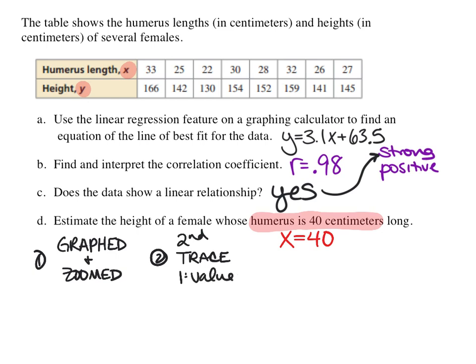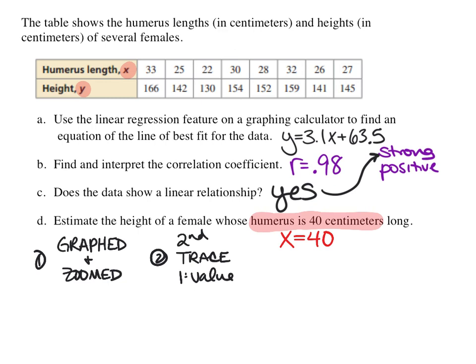When I do that on my calculator, press the blue button for second, you press the trace button that we've been using, and you choose option 1. Here's what comes up on your screen. Second, trace, 1. It's sitting here and flashing and asking you, what does x equal?